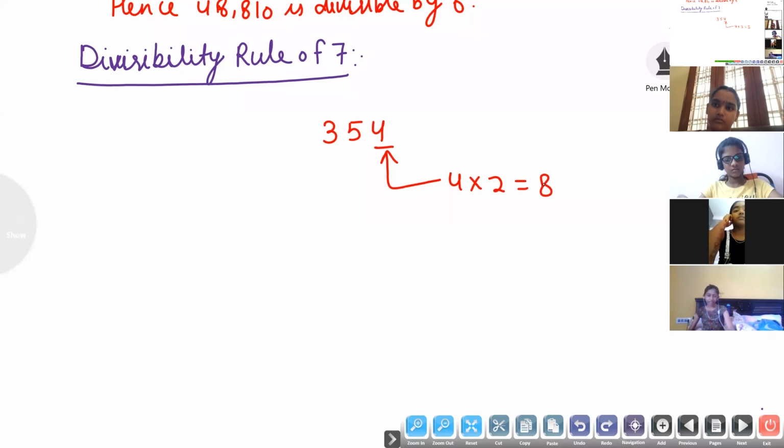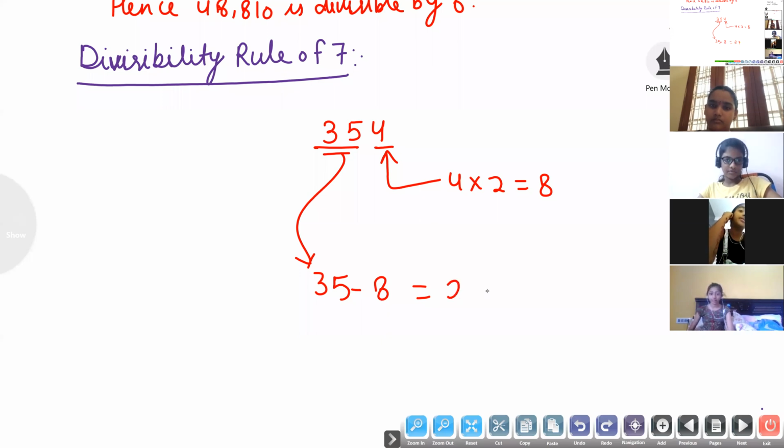After taking double of unit digit, whatever remaining digit is there, remaining digit is 35. 35 minus double of unit place, 8. 35 minus 8, what will come? 27. 27 will come in 7 table.